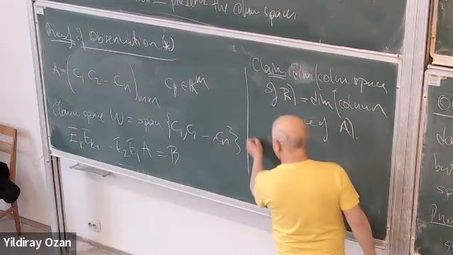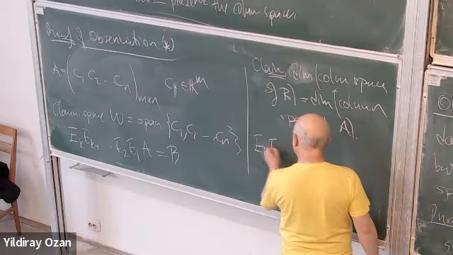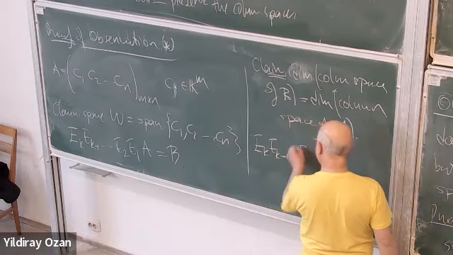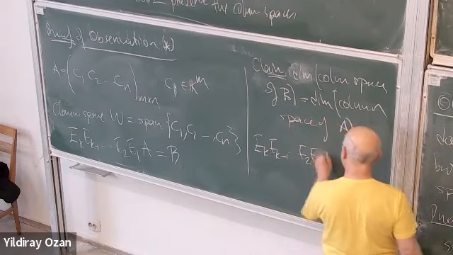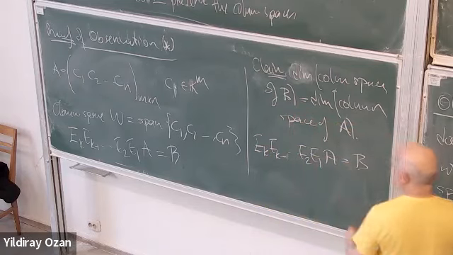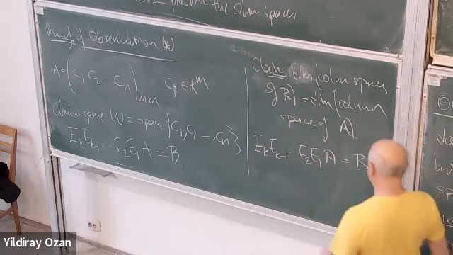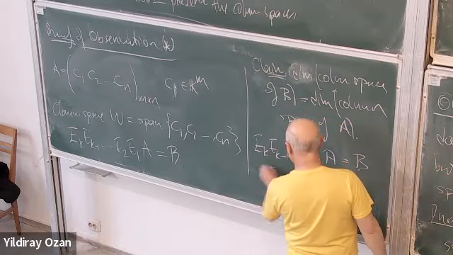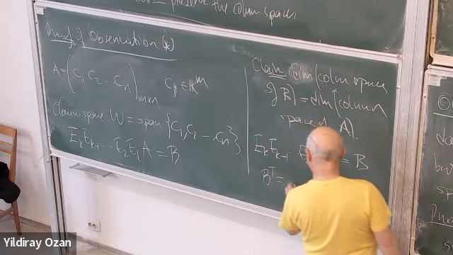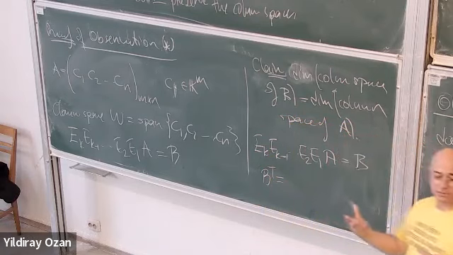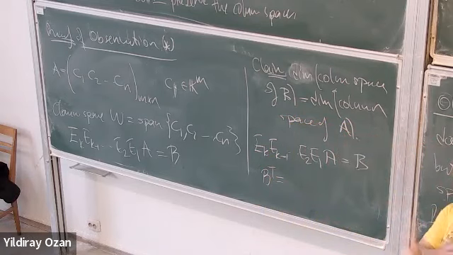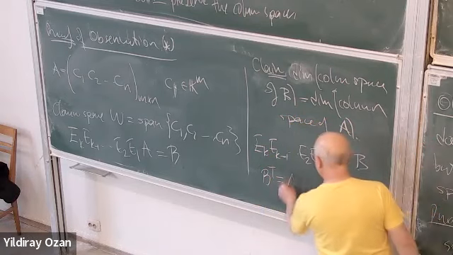Well, take this equation. Take its transpose. When you take transpose, multiplication is reversed.